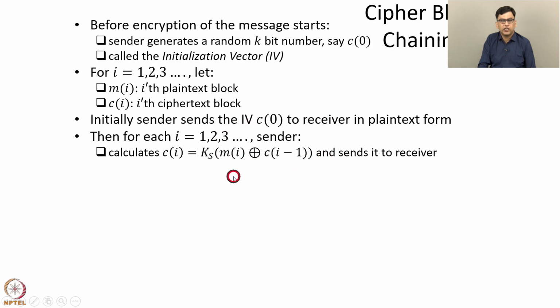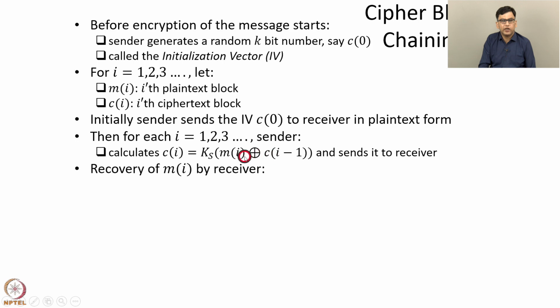The IV is XORed with M1 and the result is encrypted to get C1. Then for the second block, Ci minus 1 is C1. So C1, the first ciphertext block, is XORed with the second plaintext block, and the result is encrypted to get C2, the second ciphertext block, and so on and so forth.